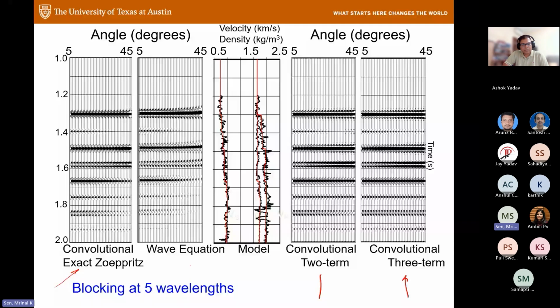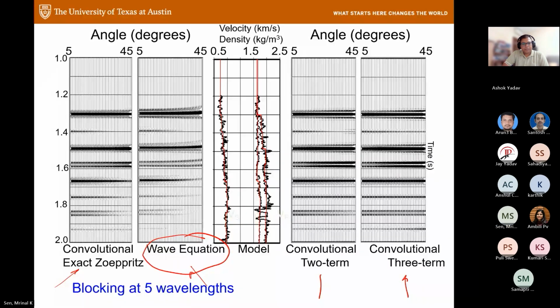Now, convolutional Zoeppritz is looking better, but still it's not matching the wave equation based one. I have not talked about what the wave equation based method is, which is the topic of this particular lecture. But for now, let's assume that we know what the wave equation based method is, just for comparison, to set the motivation. You can see that there are some differences at large angles, even with the exact Zoeppritz equation.